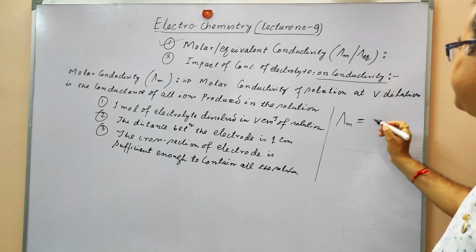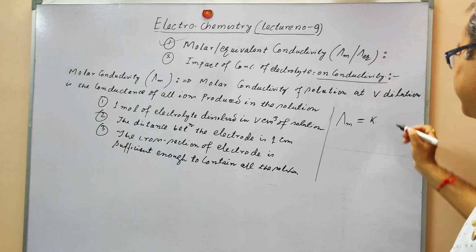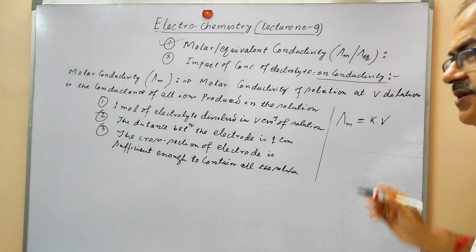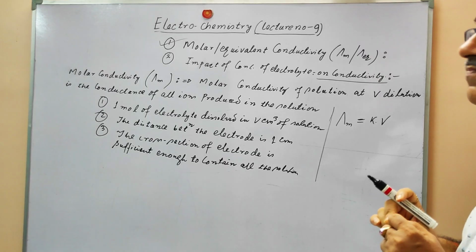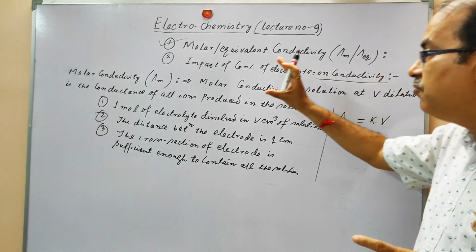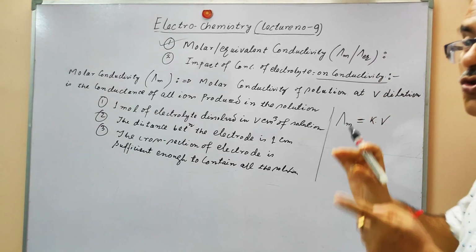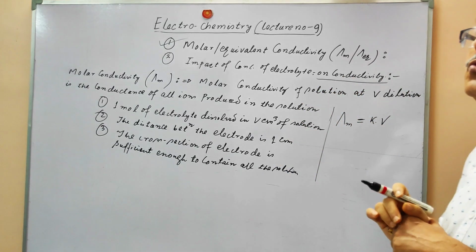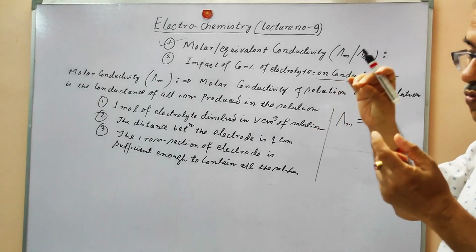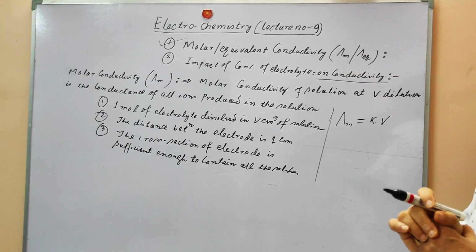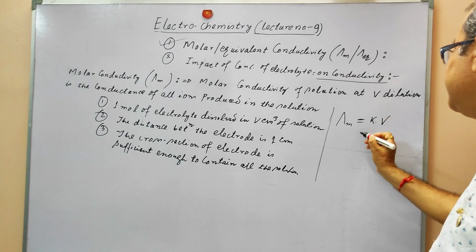So molar conductivity is basically conductivity kappa into V, because kappa is the conductivity of 1 cc of the solution, and molar conductivity is the conductance of V centimeter cube of the solution where there is 1 mole of the electrolyte. So this is K into V.